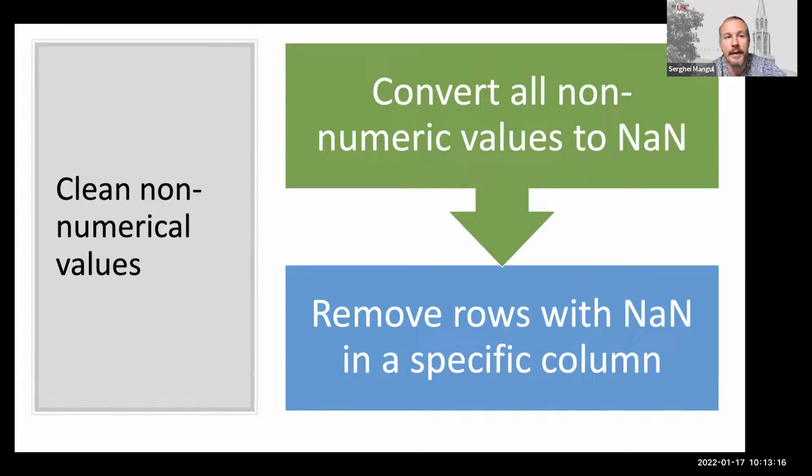Or, more formally, you first convert all non-numeric values to None, not available. Anytime you see non-numerical, you replace it by None, and then you decide what to do. You can keep it as None, or if required, you can remove it. When you say I remove it, you remove the entire row, so you're losing the data in a sense. You say, since I don't have the value I need in this column, I will remove the entire row because it's useless, let's say.